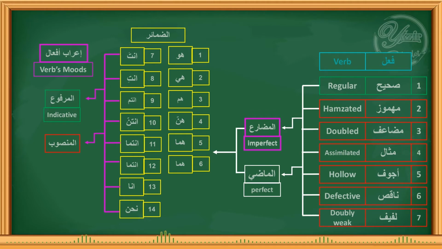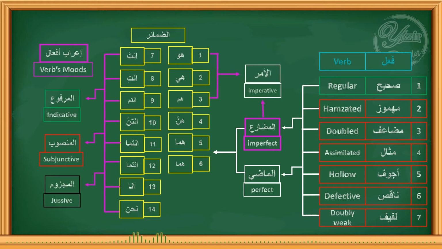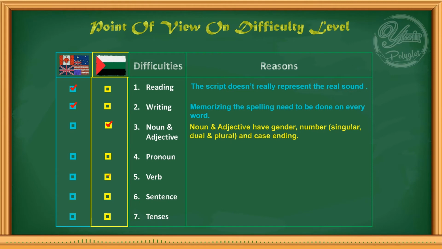But I just want to show you the Arabic terms. The first one is al-marfu', and then al-mansub, al-majzum, al-amr.